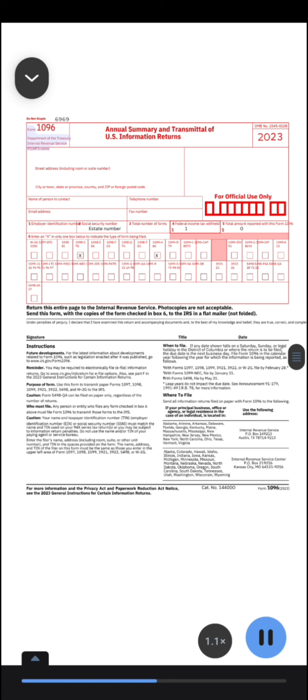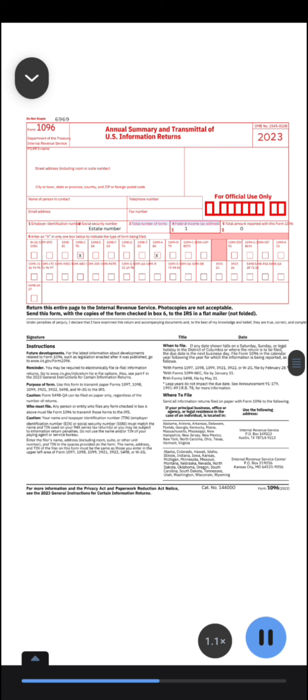Form 1096. Department of the Treasury, Internal Revenue Service. Filer's name. Name of person to contact. Email address. Employer identification number. Social Security number. Street address including room or suite number. City or town, state or province, country, and ZIP or foreign postal code. Enter an X in only one box below to indicate the type of form being filed.